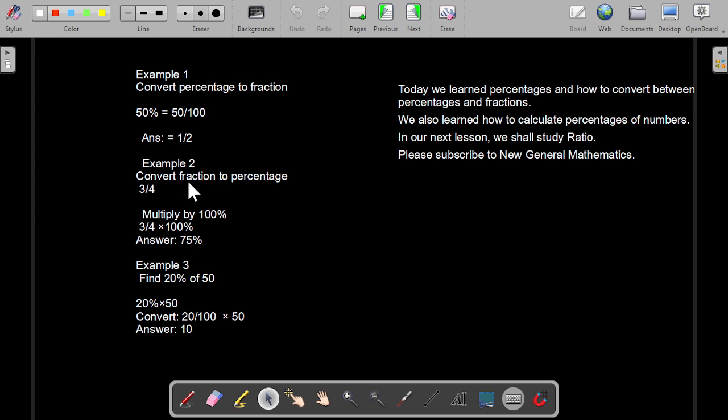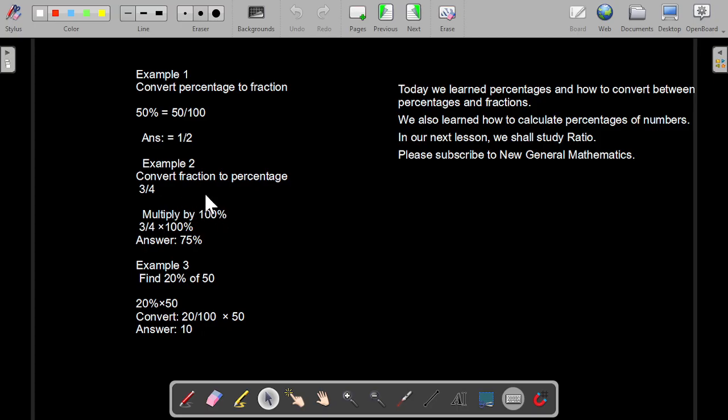Now example 2: convert fraction to percentage. The first thing we did here was convert percentage to fraction. Now we are converting fraction to percentage. We have 3/4, as you can see here. We are going to convert this 3/4 to a percentage, a real percentage without a fraction.